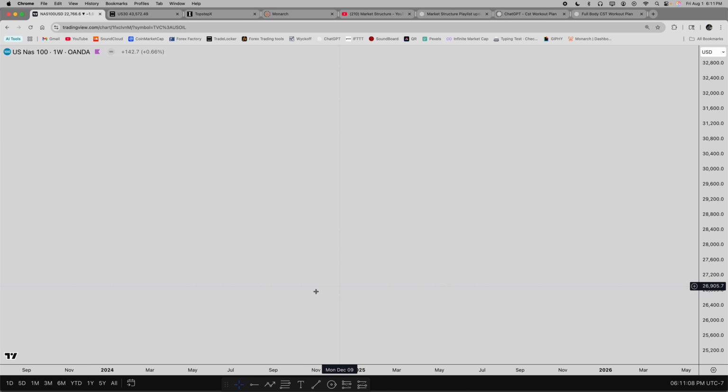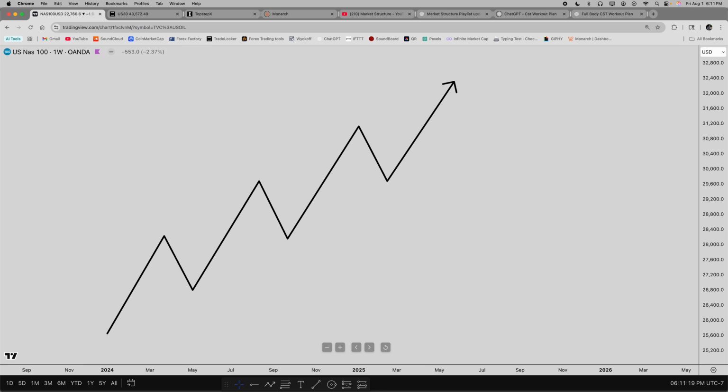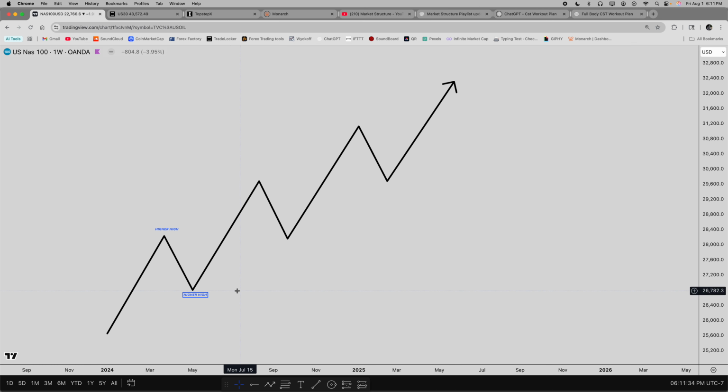I'll break it down a little bit more. I'll label it for you: higher high, higher low, higher high, higher low. This point here is the higher high, and then this down here would be the higher low.